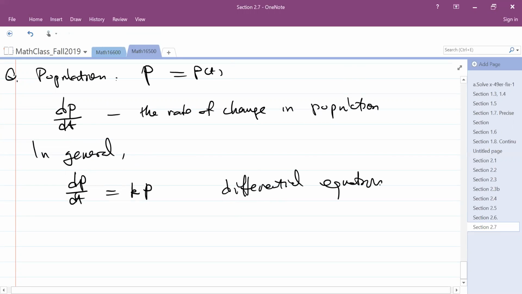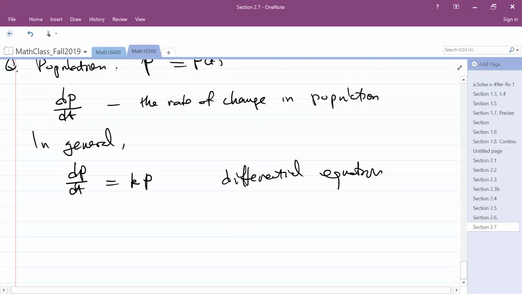It's not easy to solve this equation. This is probably the first differential equation you will meet in a calculus course.